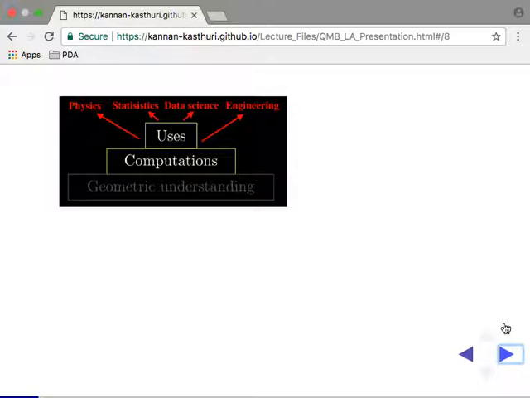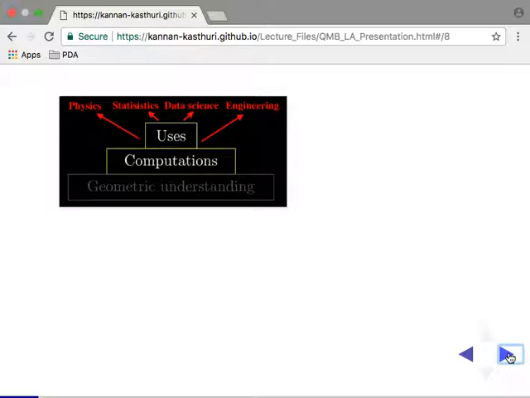When you can visualize something like speed, it makes more sense to apply some formulae. So geometric understanding underpins lots of things. It facilitates computations and helps in applications, be it in physics, statistics, data science or engineering. So it's very important to have the basics right and to have an intuition and feeling of what we are doing here. That's what I'm going to emphasize today.